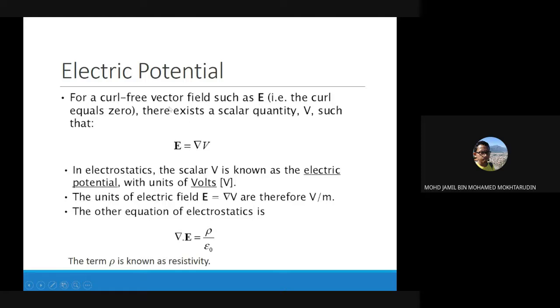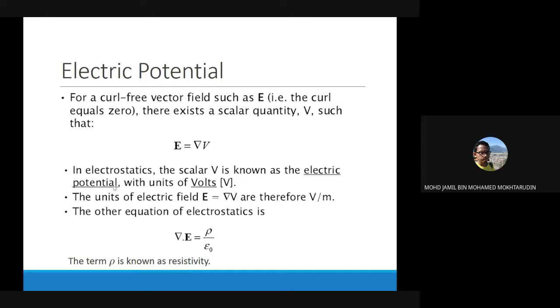The electric field E can be related to V. V is the electric potential, or in layman's terms, the voltage. It's the voltage difference that you measure with a multimeter when you do circuit analysis.